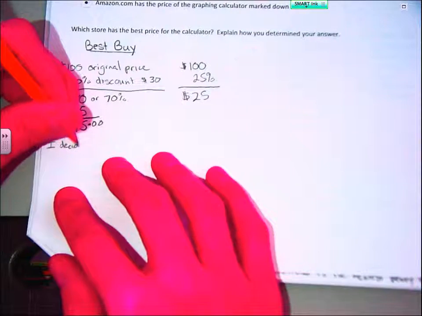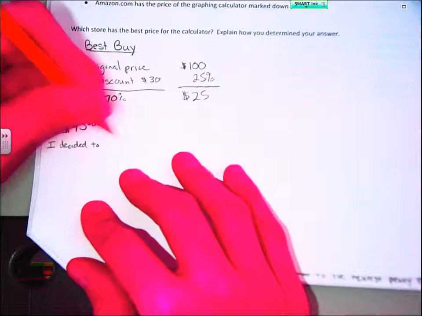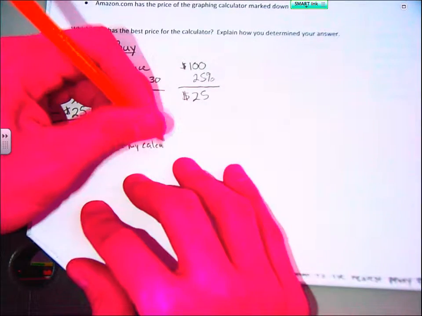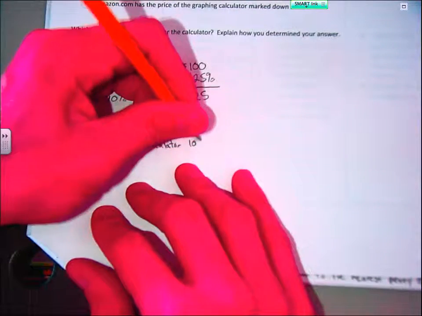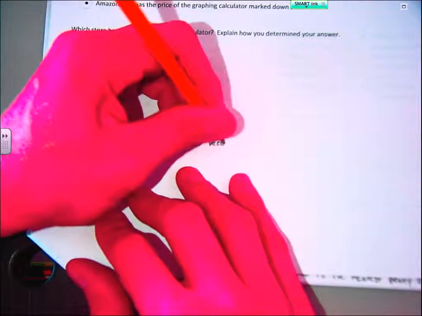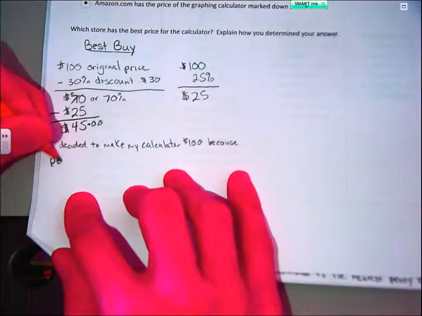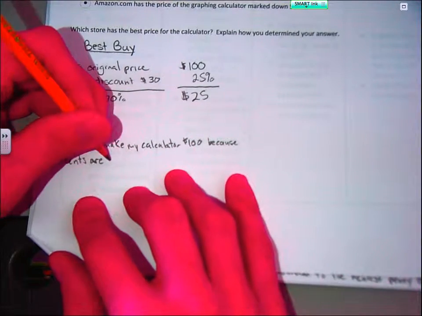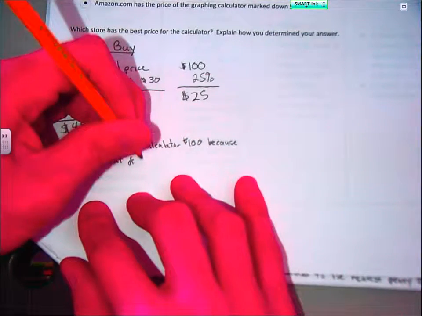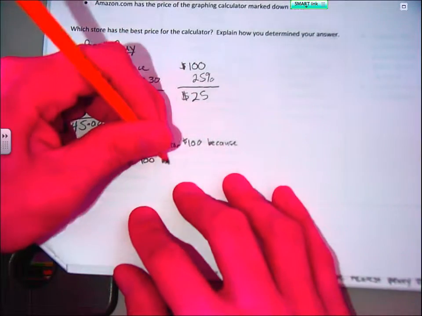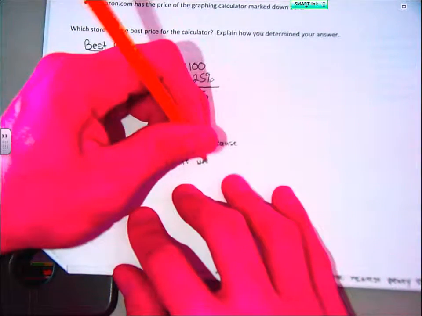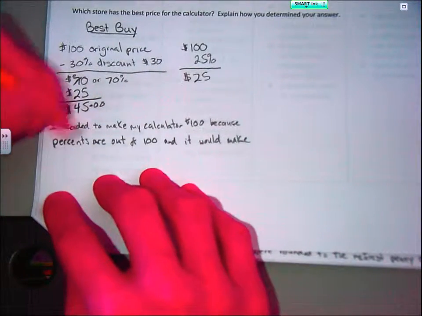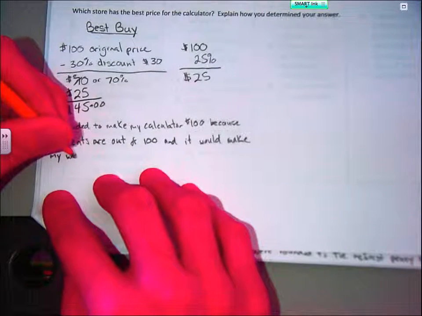I decided to make my calculator $100 because percents are out of 100 and it would make my work easier, my work simpler.